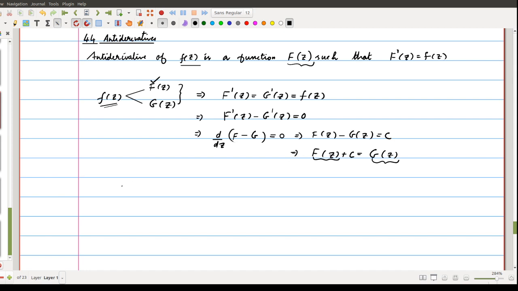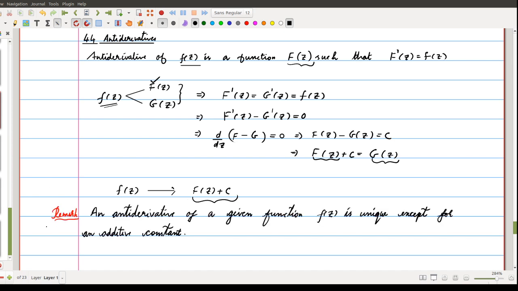So if there exists at least one antiderivative for the small f of z, then all the antiderivatives of small f of z take the form capital F of z plus c. This will be the arbitrary, or general, form of the antiderivative of the small f of z.